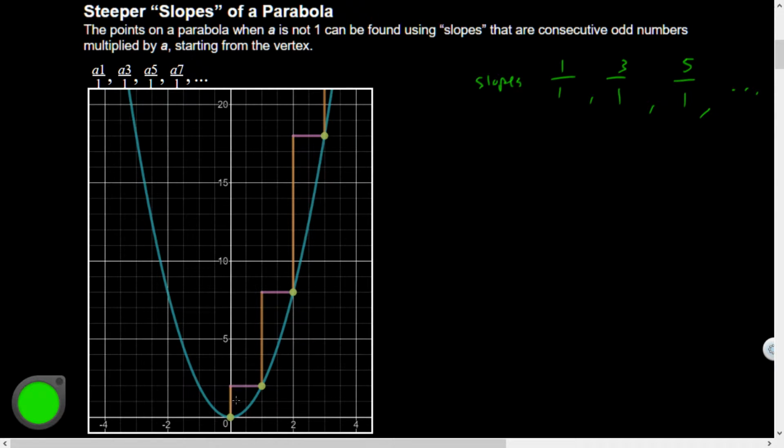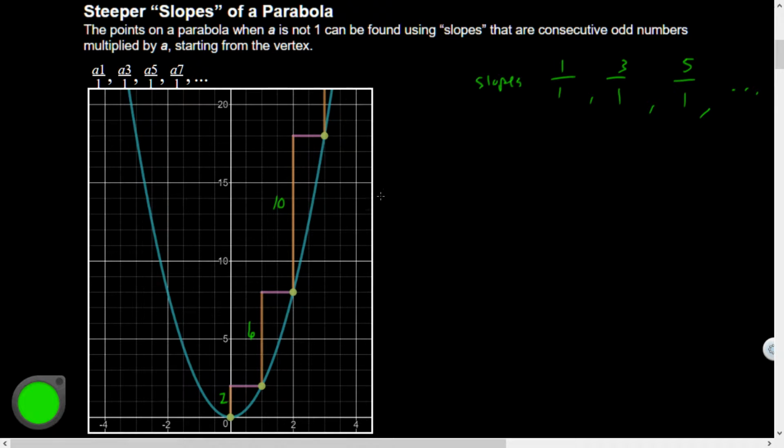And so check out this graph. This graph appears to be going up 2 over 1, because this is where 1 is. Up, let's see, 1, 2, 3, 4, 5, 6, over 1. Don't be fooled by that horizontal grid. And up 1, 2, 3, 4, 5, 6, 7, 8, 9, 10 over 1.